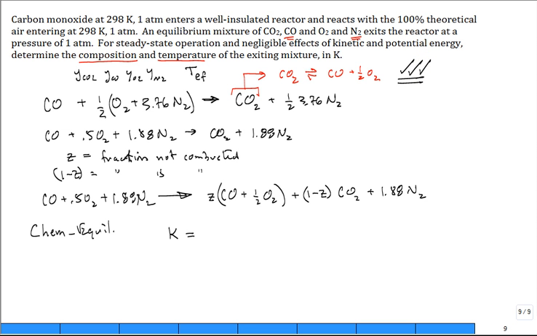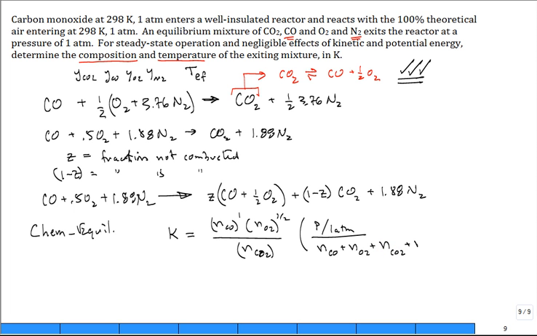So it'll be the amount of carbon monoxide raised to the 1 power, the amount of oxygen raised to the 1/2 power, divided by the amount of carbon dioxide, CO2, raised to the 1 power, times the pressure divided by 1 atm, divided by the total N. The total N is the number of moles of carbon monoxide, oxygen, carbon dioxide, and nitrogen, true?